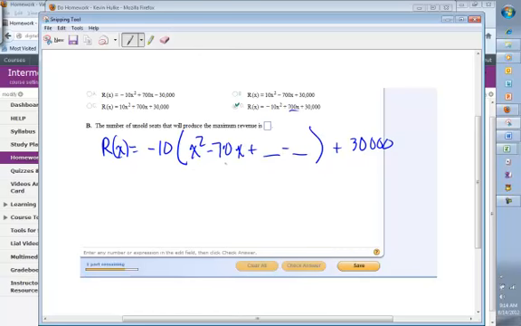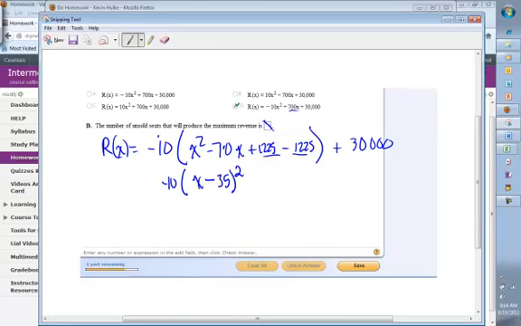So negative 10 times x minus half of 70 is 35 squared. So we're going to need to do 35 squared, which is 1225.